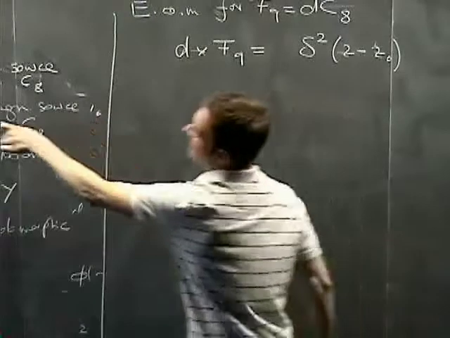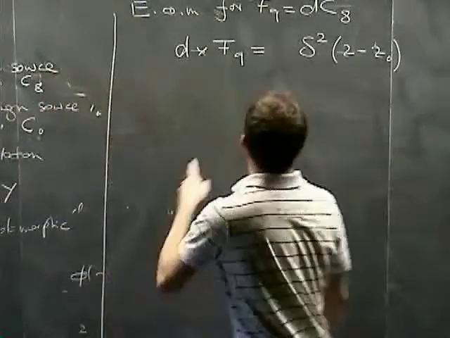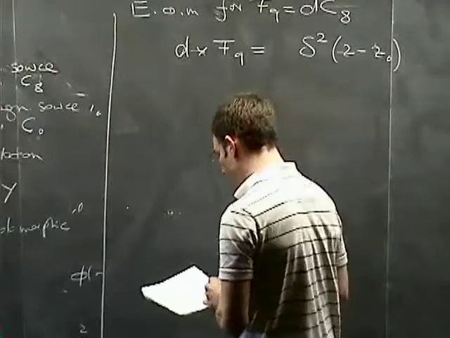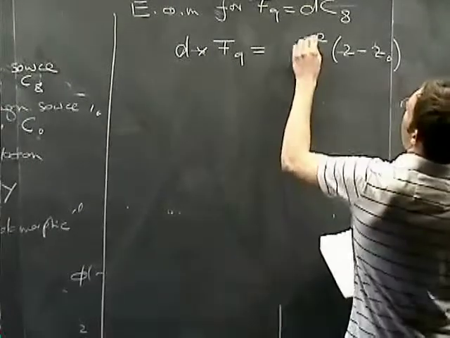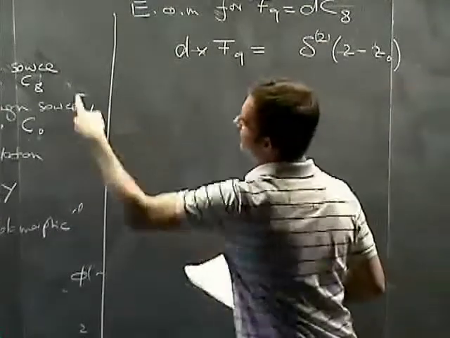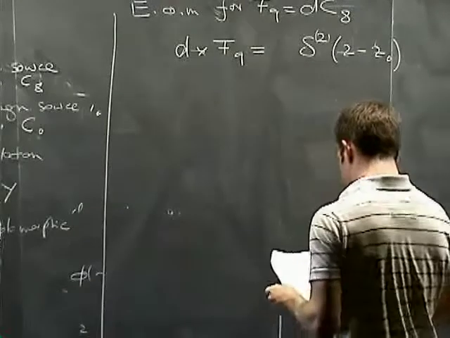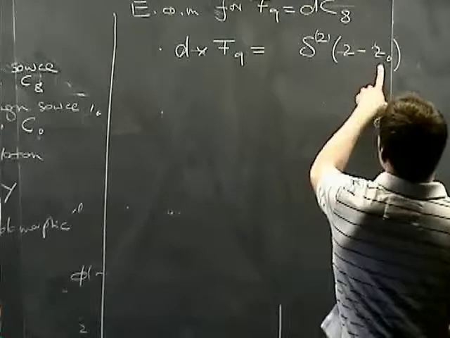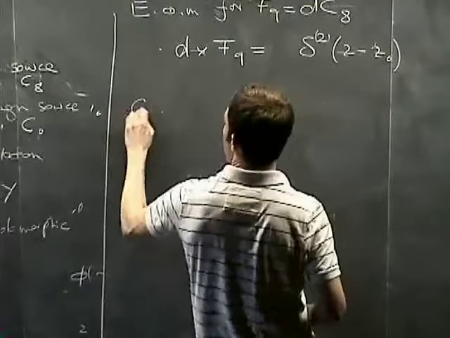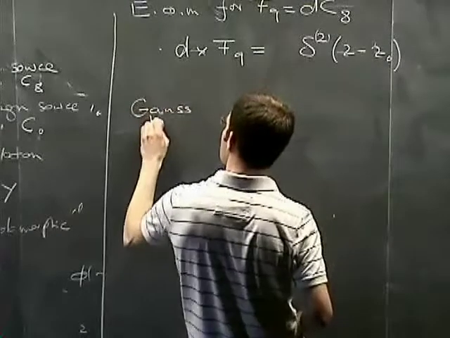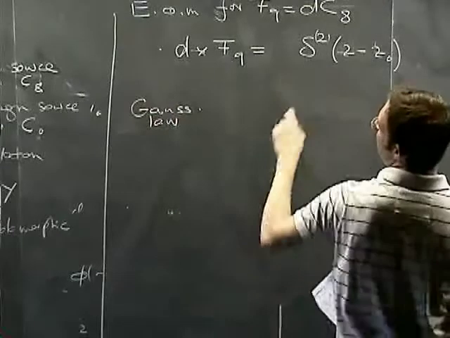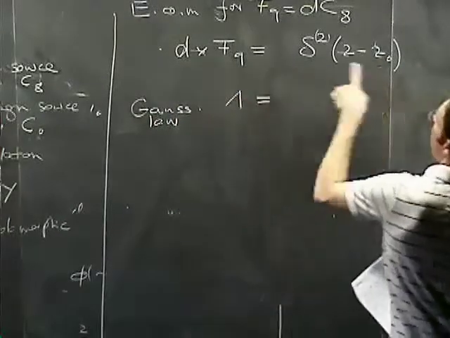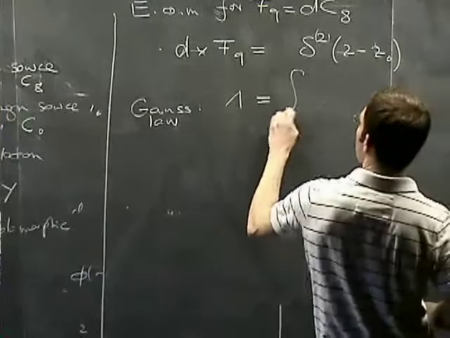This comes just due to this source here, and here we have the usual delta function in the ambient dimensions. So one doesn't even need to solve this equation. One can simply use Gauss's law and integrate this equation. So we integrate the right-hand side to 1.